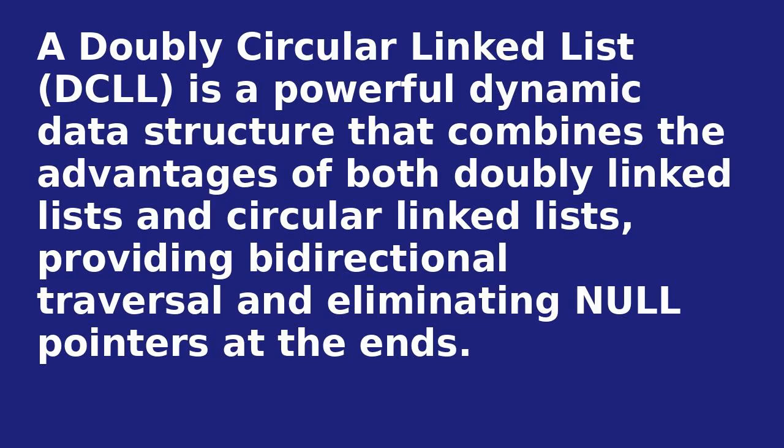A doubly circular linked list, DCLL, is a powerful dynamic data structure that combines the advantages of both doubly linked lists and circular linked lists, providing bidirectional traversal and eliminating null pointers at the ends.